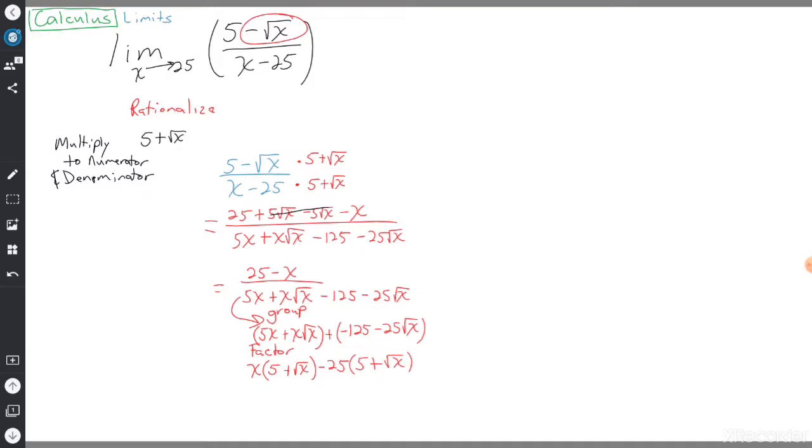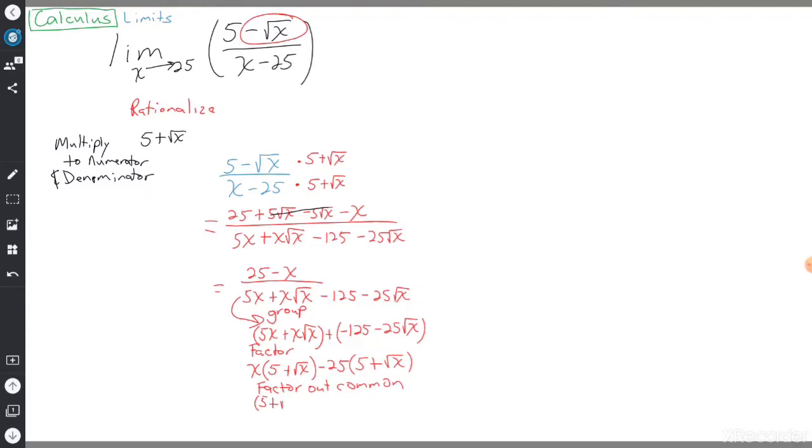Now we want to factor out the common term. And this all comes from algebra. All of these terms we're looking at right now are basically coming from algebra, and that's what calculus is about. It's about a lot of algebra with some calculus concepts.